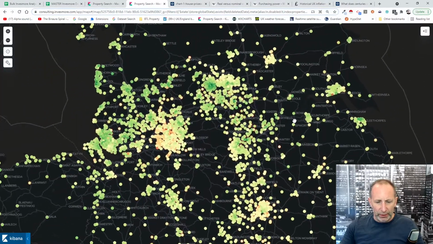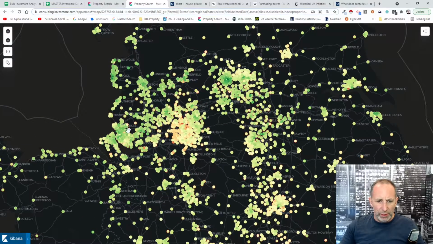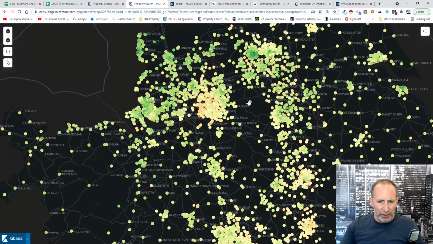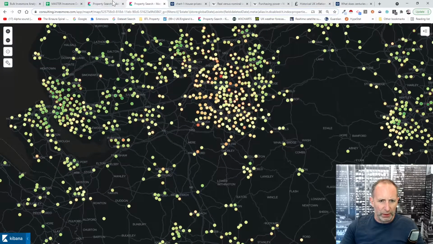Whereas in the north, for example, you can see that there are very, very few areas apart from, say, small patches of surrounding cities, but the real hot area would be Manchester.